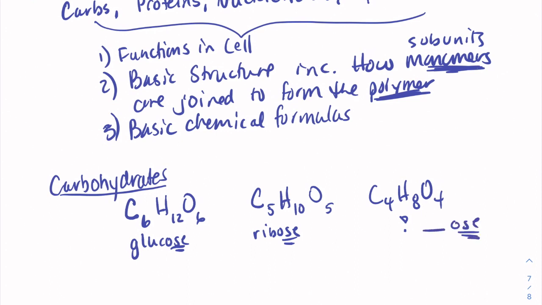Sugars end in ose, and I just want to make sure that you are familiar with that. Fructose is the same as ribose. It's just a different arrangement of atoms. Lactose, galactose. Sugars end in ose. Ose means sugar.